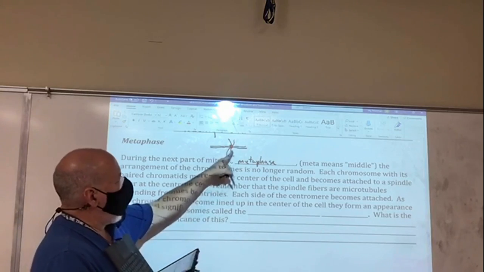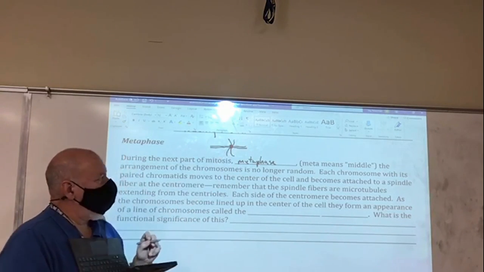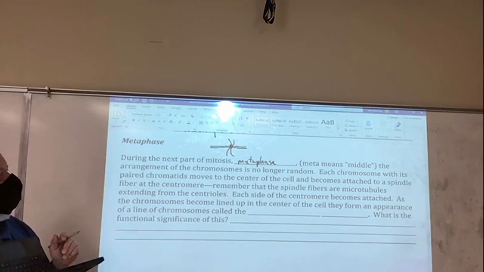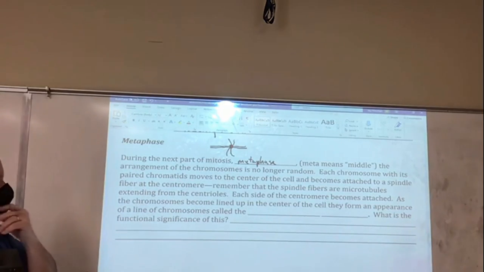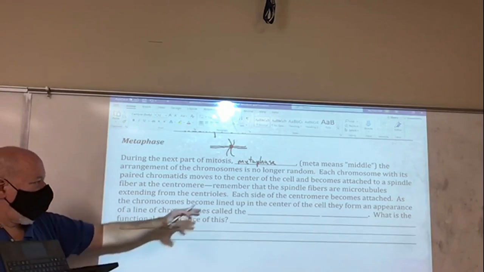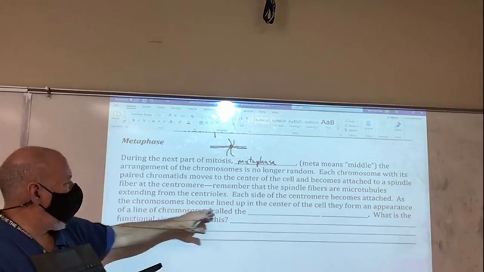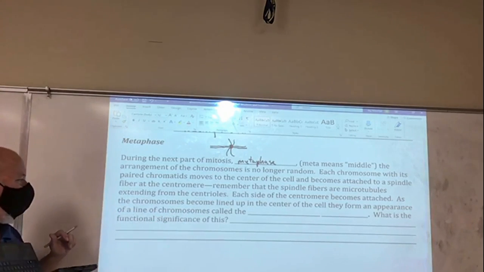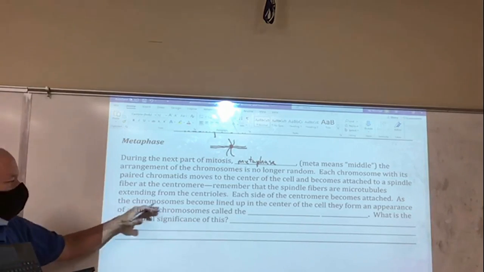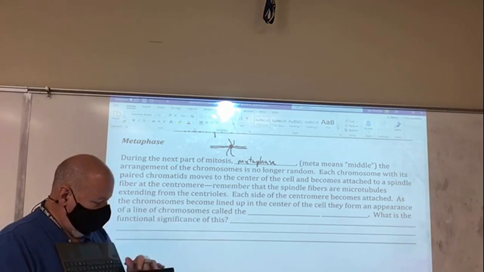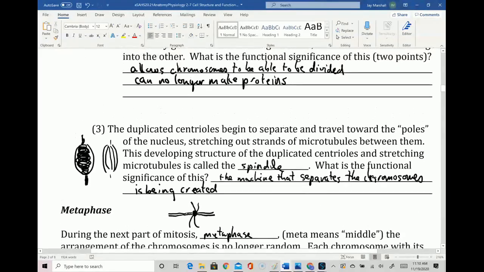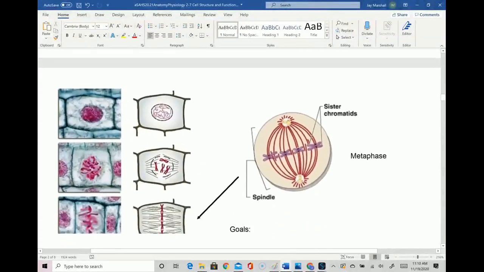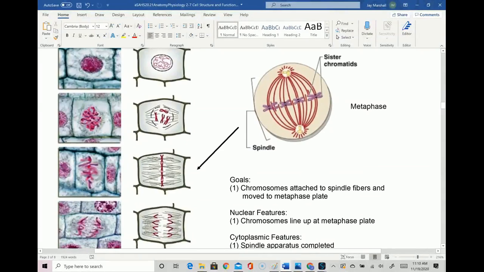They lock on to my microtubules, and my microtubules can then pull those chromosomes apart. Each side of the centromere becomes attached. As the chromosomes become lined up in the center, they form the appearance of a line of chromosomes. What do we call this line of chromosomes right here?